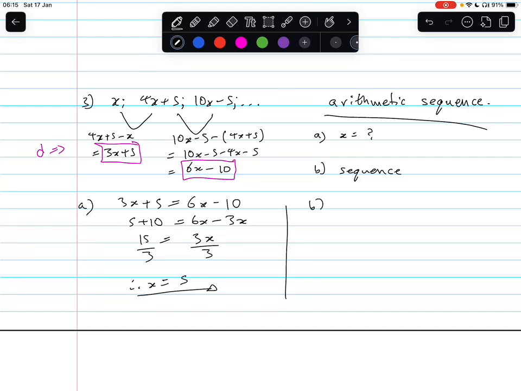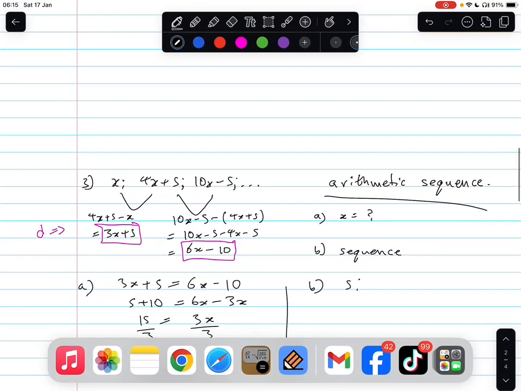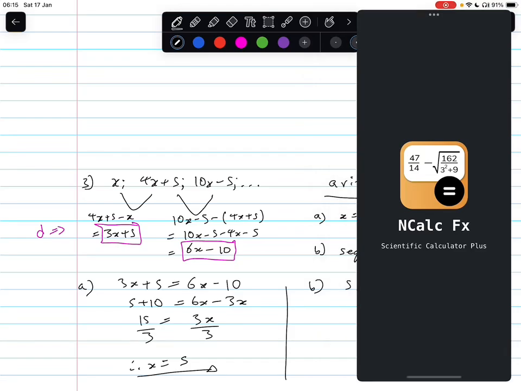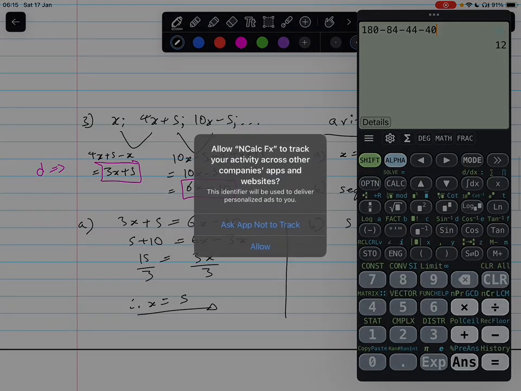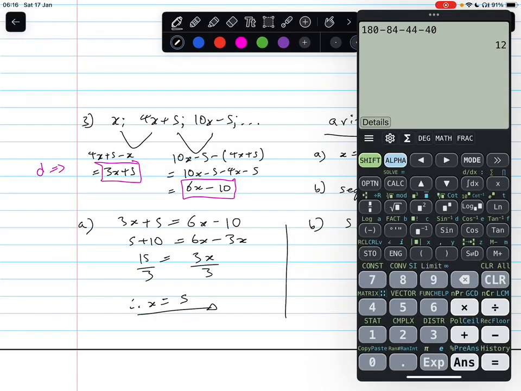For B, the first term is what? It's just x, which is 5. Second term is what? It's 4x plus 5. Let's get that calculator finally. So that's 4 times 5 plus 5.